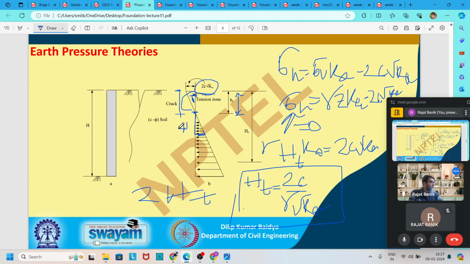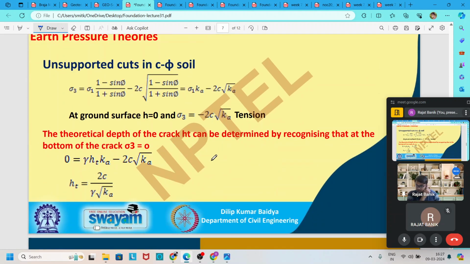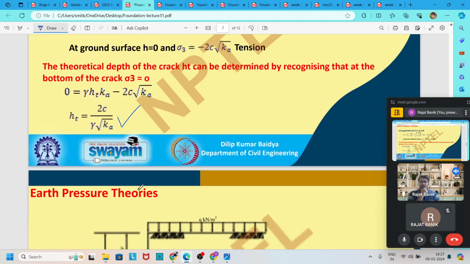So from here to here, the distance is 2 times Ht. So for any c-phi soil, we can excavate without support up to a depth of 2 times Ht. The same thing is derived here, so you can go through it.